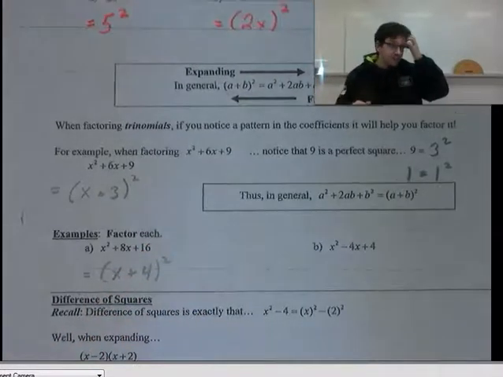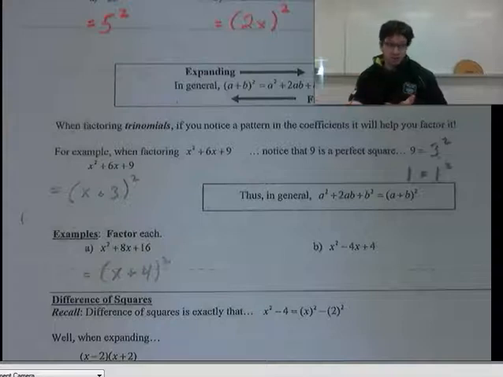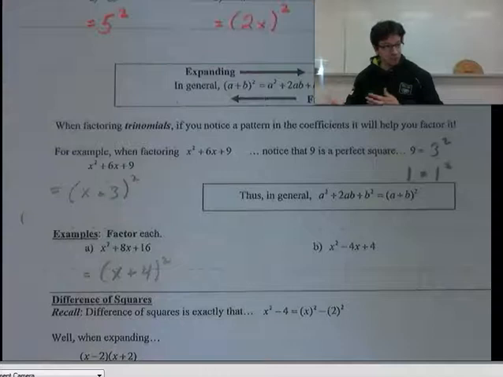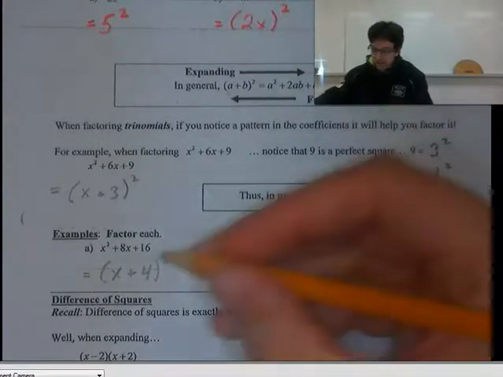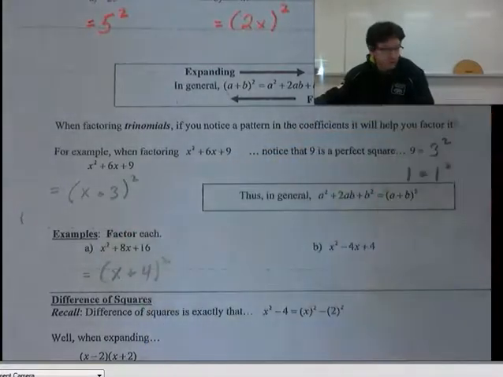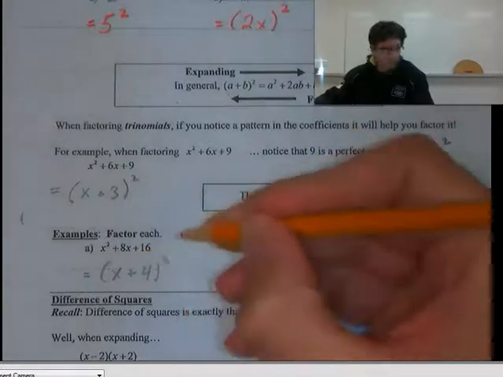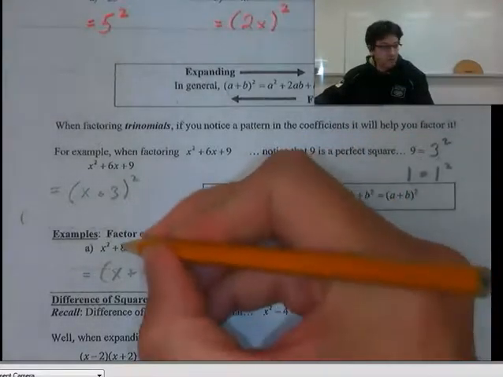Now this really is a shortcut. If you can notice something as a perfect square, you can factor it like that in one step. But it takes practice to be able to see when something is a perfect square. There's nothing wrong with looking at this as a simple trinomial, so you can also ask yourself what two numbers multiply to give you 16 and add to give you 8.